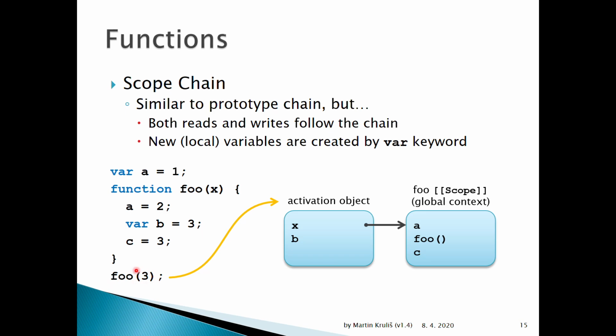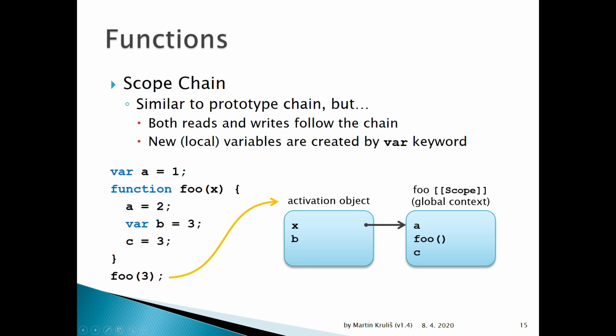Since it was invoked with value 3, the x variable is also initialized with this value, and also a b variable is determined by parsing already, so b will be undefined but present in this activation object. Of course, b will be filled as soon as the code reaches this particular line, so b is kind of prepared in the object but not initialized yet.